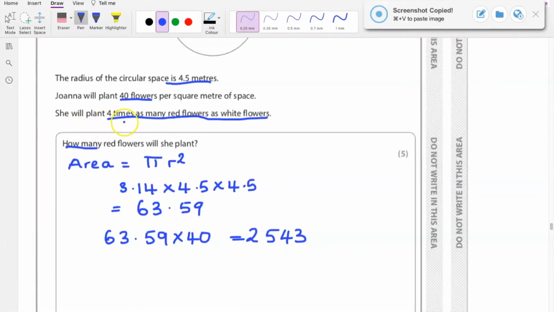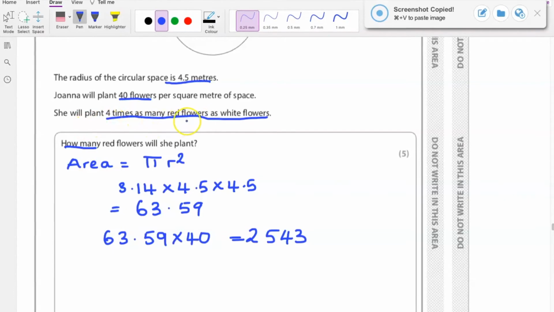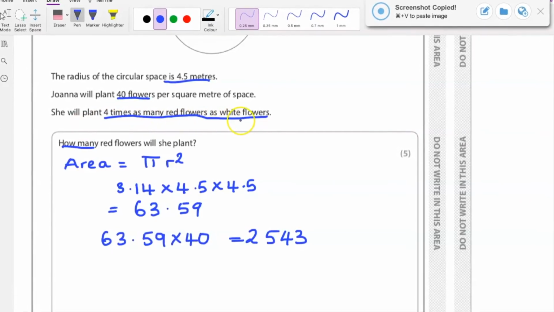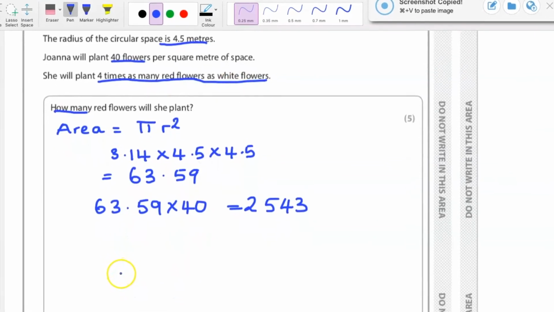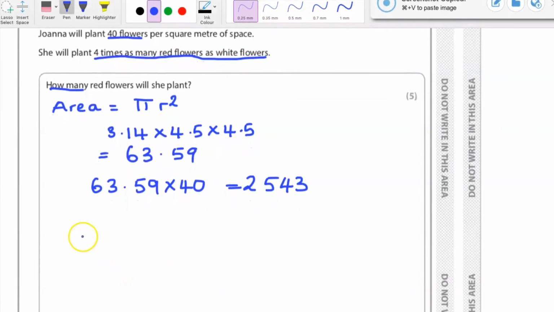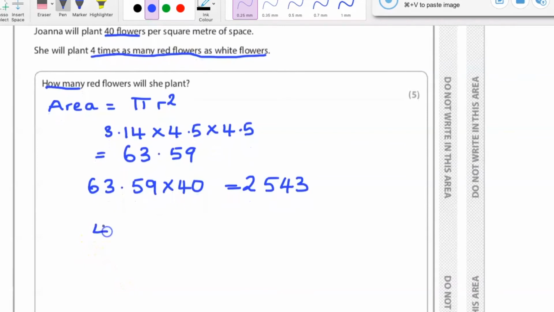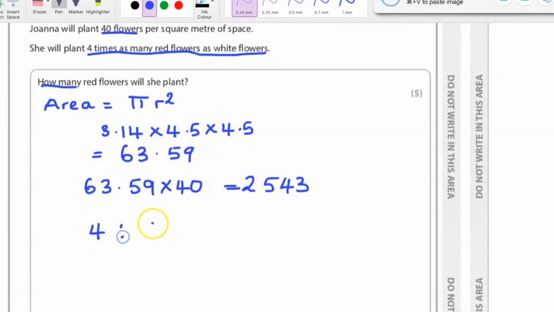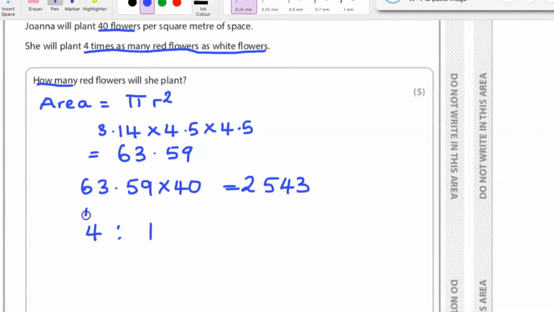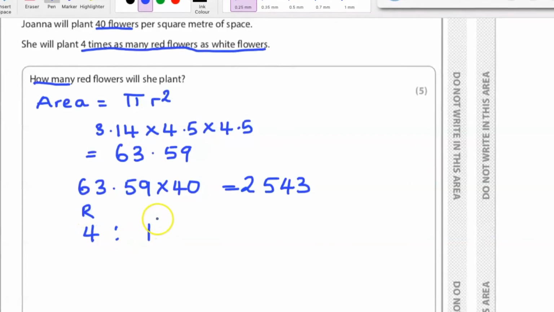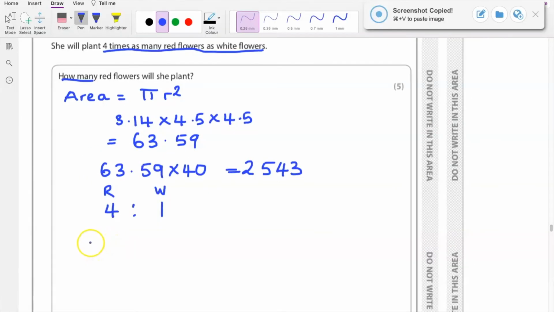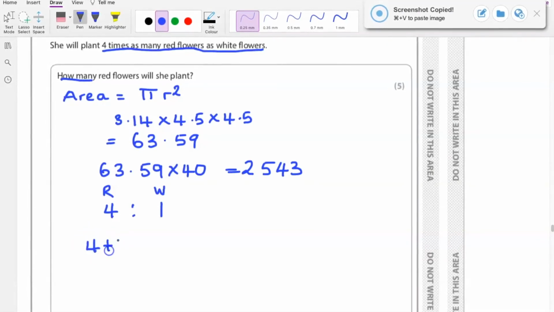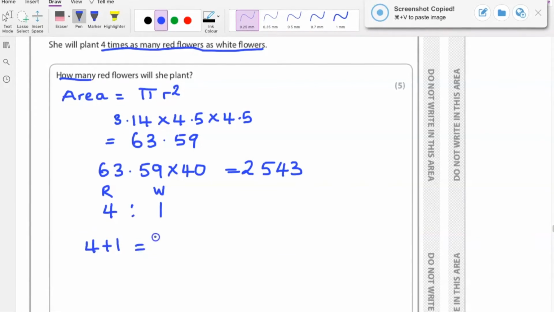She will plant 4 times as many red flowers as white flowers. Now that is going to our ratio. So red is 4 and white is 1. Next we need to do 4 plus 1 equals 5.